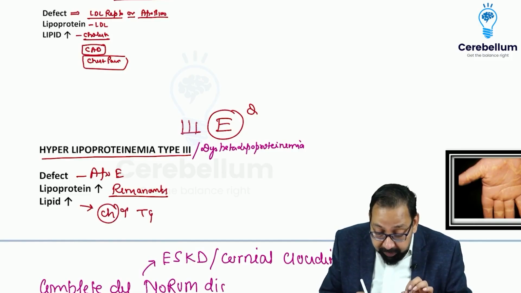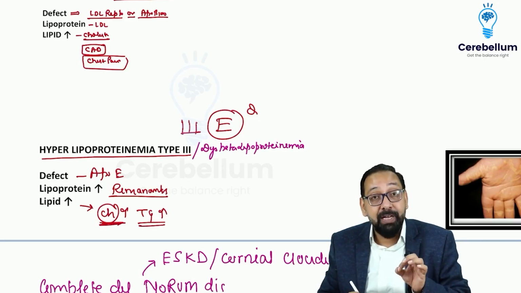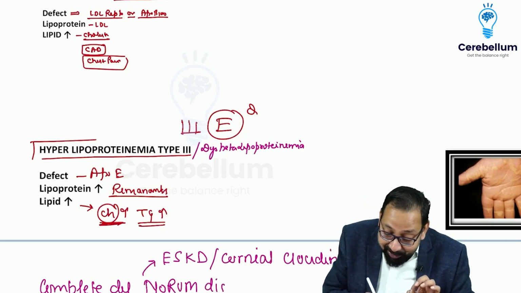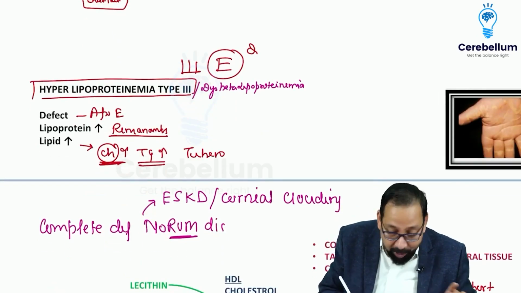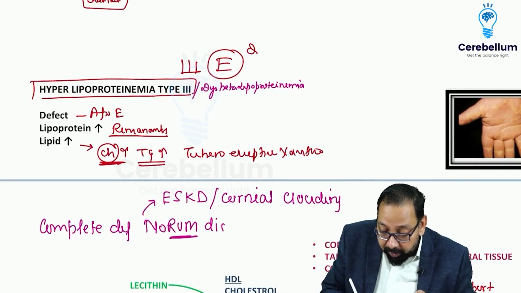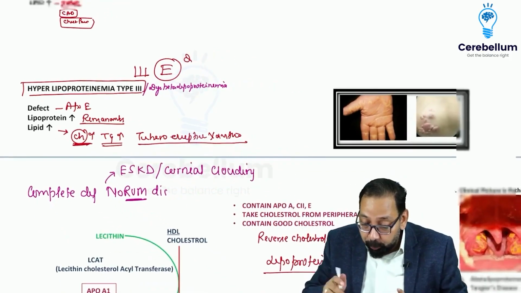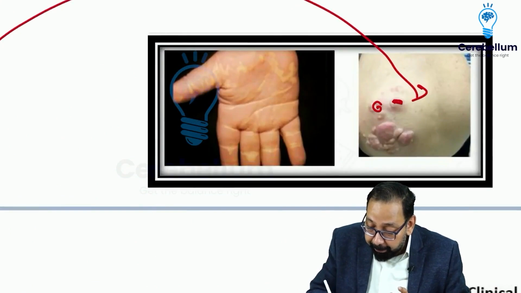When cholesterol is increased, tuberous xanthoma. When triglyceride is increased, eruptive xanthoma. So in type 3 hyperlipoproteinemia, there is tuberoeruptive xanthoma. Tuberoeruptive xanthoma looks like a bunch of grapes. Yes, bunch of grape appearance.